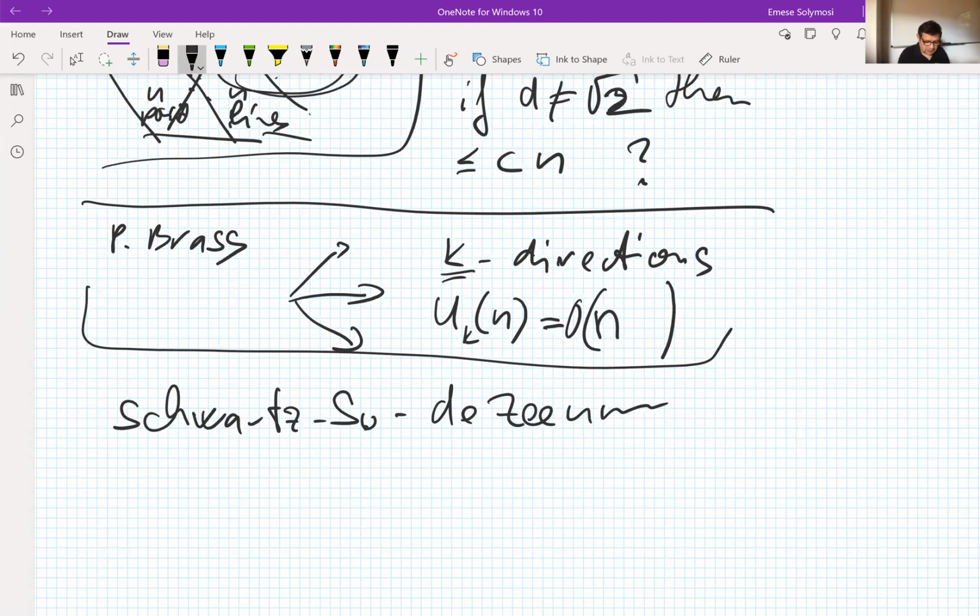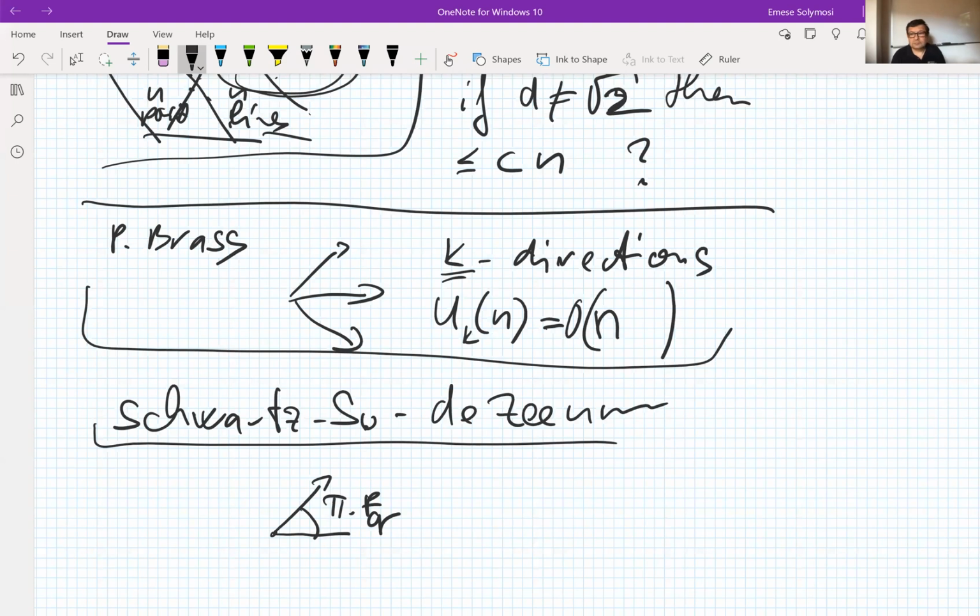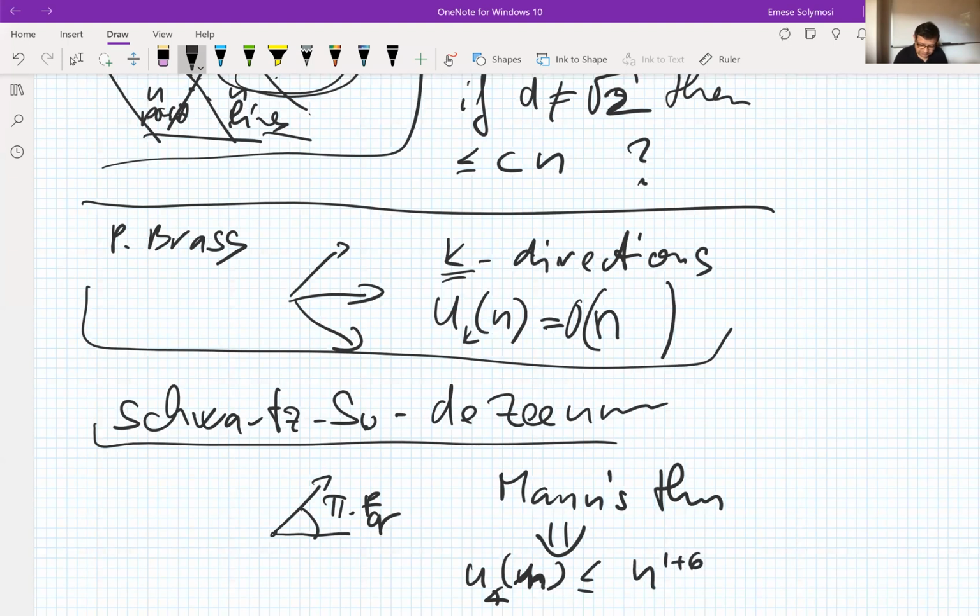What we did is that if the angles here are rational multiples of pi, so we only count unit distances where the angles are rational, this follows from a theorem called Mann's theorem and implies that the number of unit distances with rational angle is smaller or equal than n to the 1 plus epsilon.